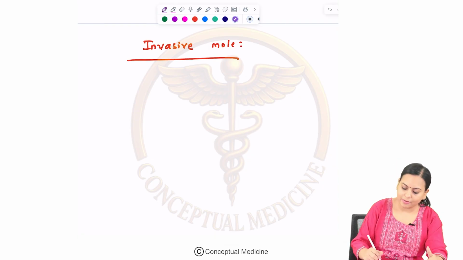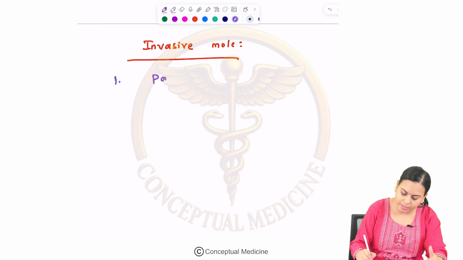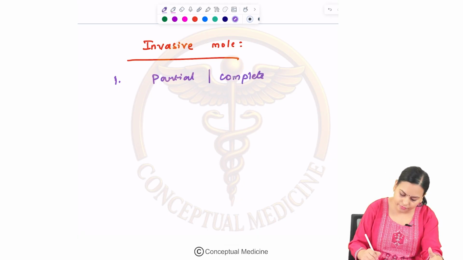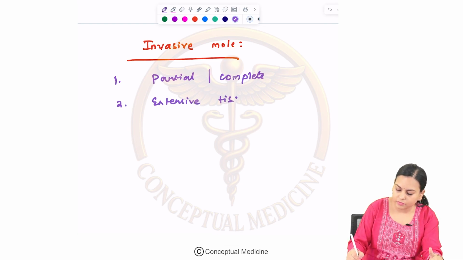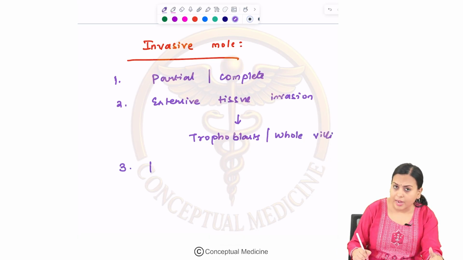Invasive mole means there will be a risk from all the other types of moles. That means it can be a partial mole or a complete mole. Any type of mole carries the risk to become invasive. Then there will be extensive tissue invasion by trophoblasts or whole villi, and invasive means they will be penetrating deep.